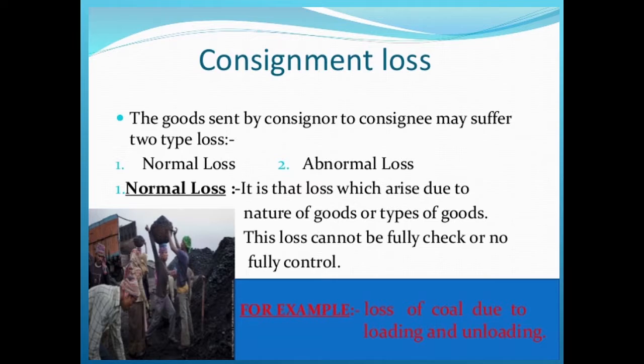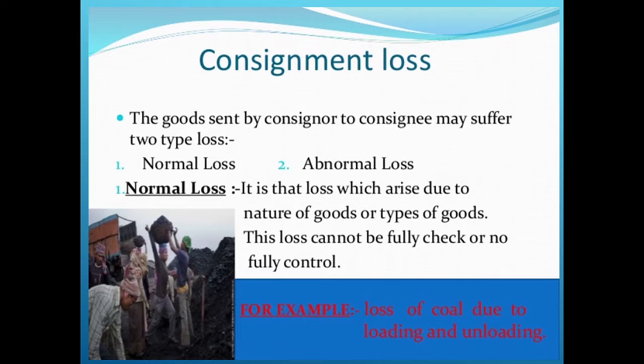Loading quantity cannot be equal to the unloading quantity. And when it is open to air, it will lose weight. So that is the nature of the coal. We can't control that one. Other examples are potatoes, FMCG products, fast moving consumer goods, vegetables, ghee, and petrol.